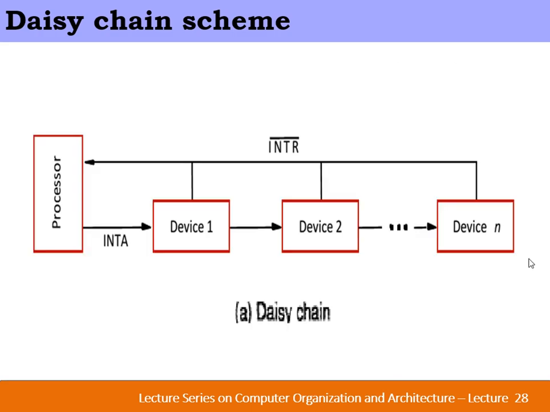Now the daisy chain connection of devices looks like this. We have multiple IO devices connected to the processor and a common interrupt request line. All the IO devices are connected to this common interrupt request line. In case of daisy chain, multiple or simultaneous interrupt requests can be allowed. As soon as IO devices become ready, they can simultaneously generate an interrupt request, and everything is going to follow in the same common interrupt request line.